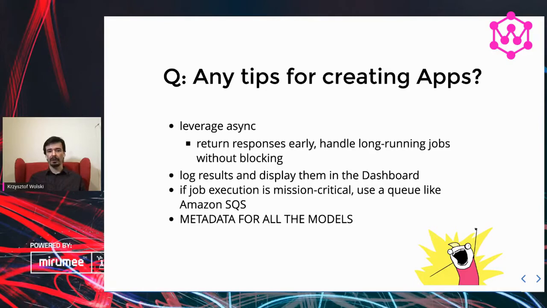I would advise to create some kind of logging in your dashboard view. It's really good to know that everything is working as intended or if there are any issues. So a little bit of logs will make your life easier. And if execution of any of the jobs is crucial for you, don't just use the event loop, use a proper queue like Amazon SQS.